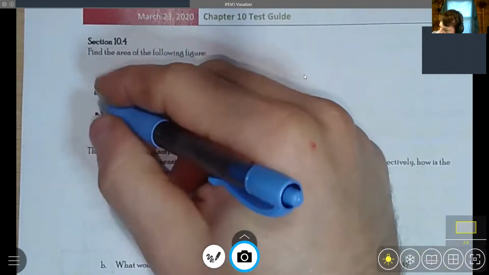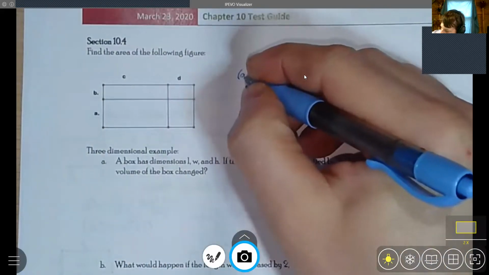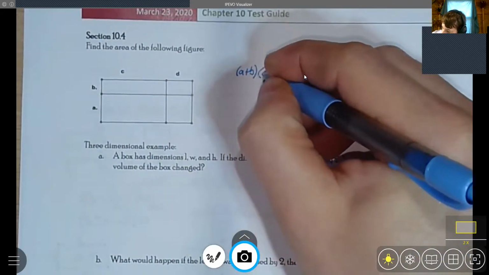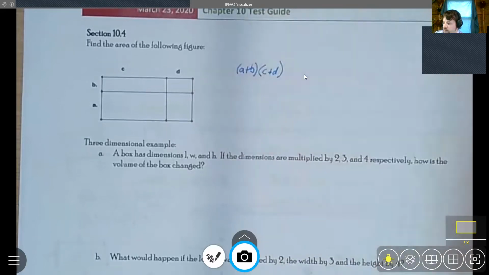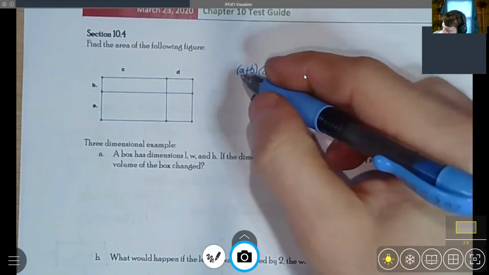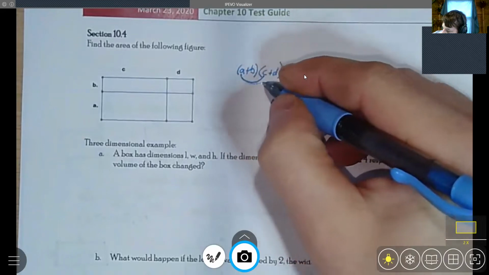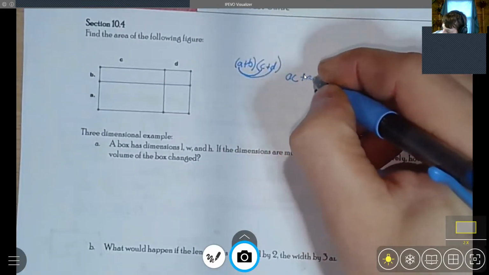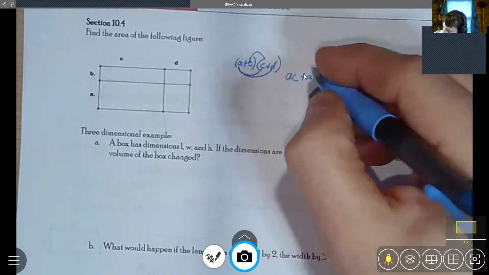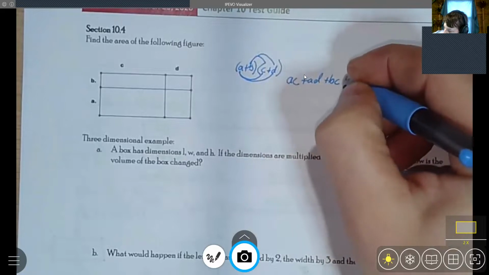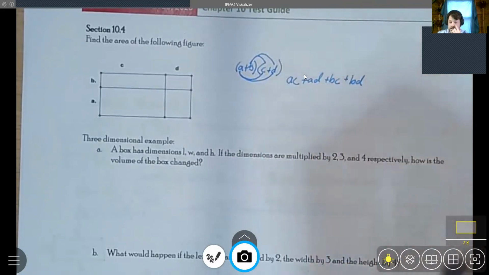We can say, well, the width is A plus B, and the length is C plus D. And so then the area, you'd multiply A times C, AC, A times D, AD, B times C, BC, B times D, BD. And that's the area of your whole figure.